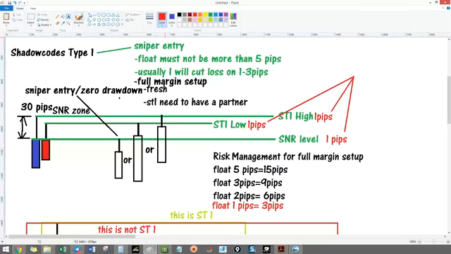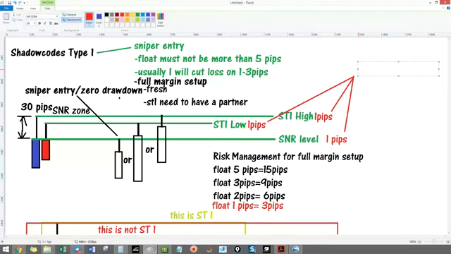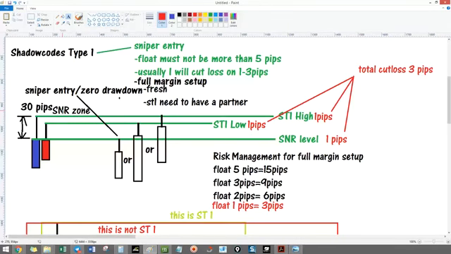Total but lost 3 pips. We do not trade the zone on type 1. You can trade the zone, but based on my teaching, this is a sniper entry. Sniper entry must be 0 float. So if it's more than 1 pip, it is not a 0 float.